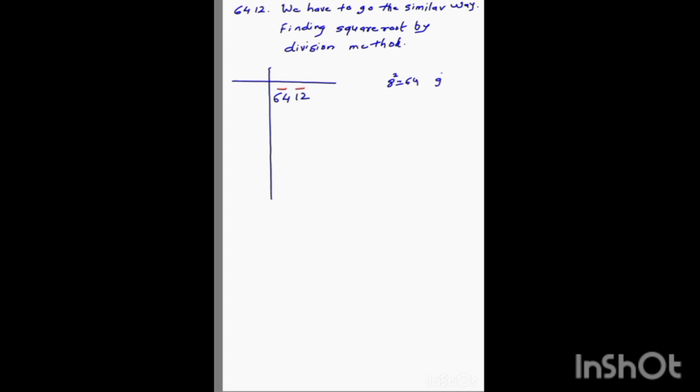Our job is easy because we are getting a perfect square. 9 square is 81. So take 8. 8 into 8 is 64. Subtract it, you get 0.